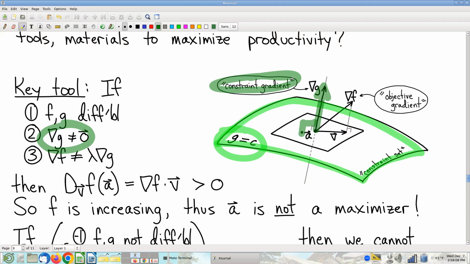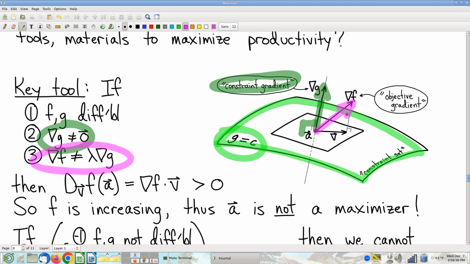Okay. All right. Next, the last assumption is that the objective gradient of f is not a multiple of the constraint gradient. So, loosely speaking, it's pointing off in some other direction. If it's pointing in the same direction, it'd be a multiple of the constraint gradient.